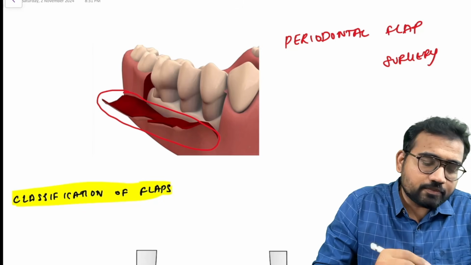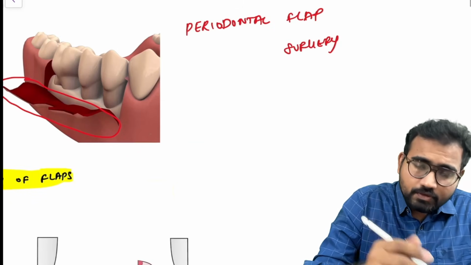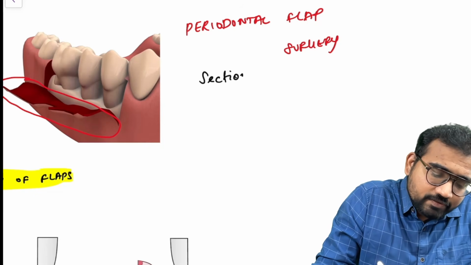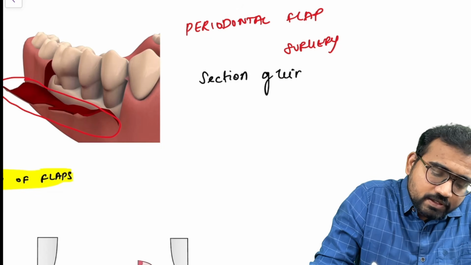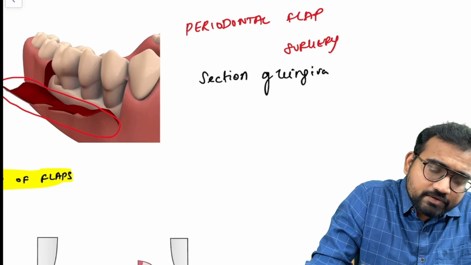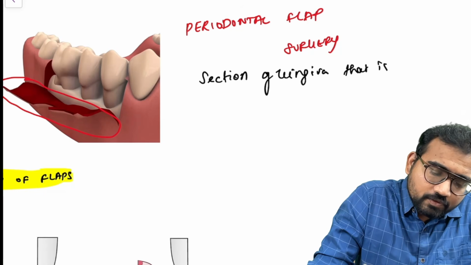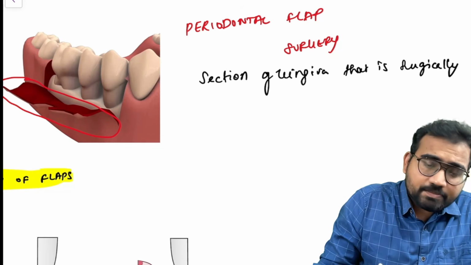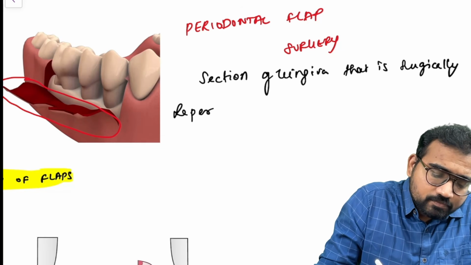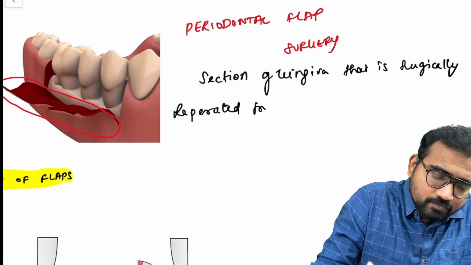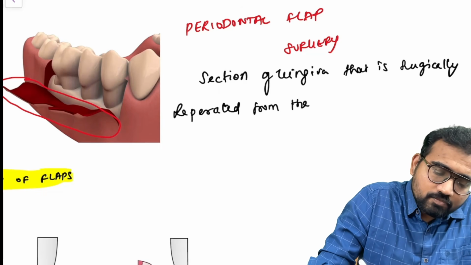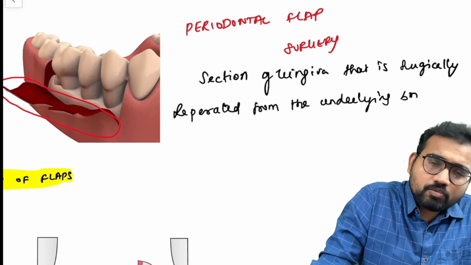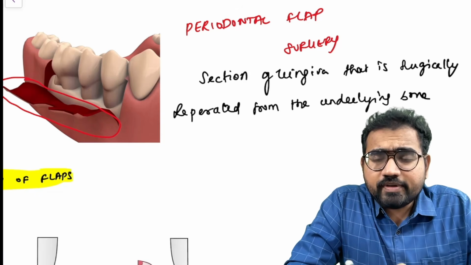Now I'm going to give a definition for it. Periodontal flap surgery is defined as the section of gingiva that is surgically separated from the underlying bone. Why do we need to reflect a flap?